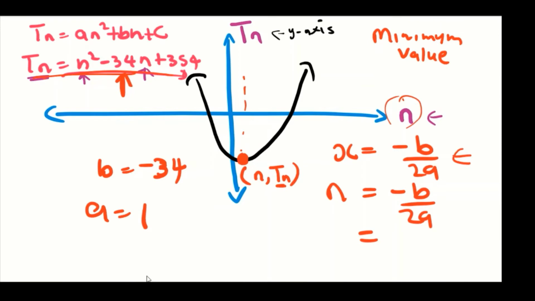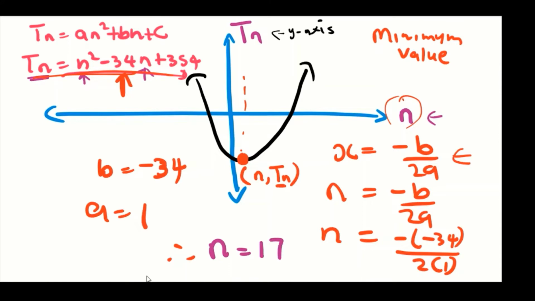So you just want to substitute that into minus minus 34 divided by 2 into 1, right? So you'll find that your n value is equal to 17. So this is the n value which will give you the smallest Tn value of the function.